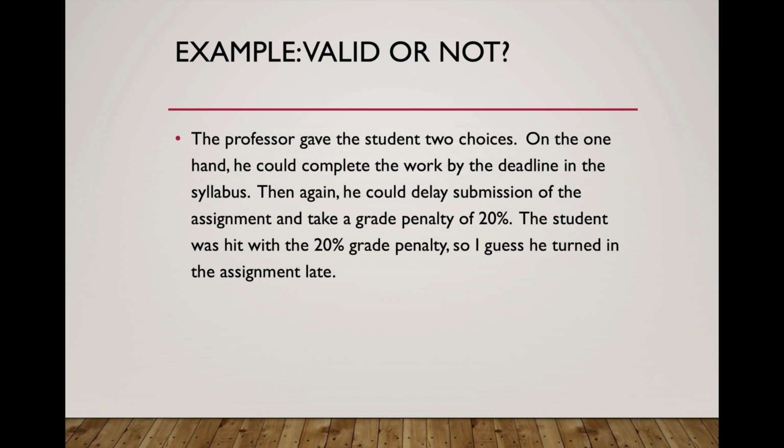It might be the case that the student turned in the assignment late, but we don't actually know that because the disjunctive statement says he could turn it in on time, or he could get a 20% grade penalty, or both things could be true. So knowing that one of them is true does not allow us to conclude with certainty that the other one is true. So in this case, we have a disjunctive argument that is invalid because it commits the fallacy of affirming a disjunct.